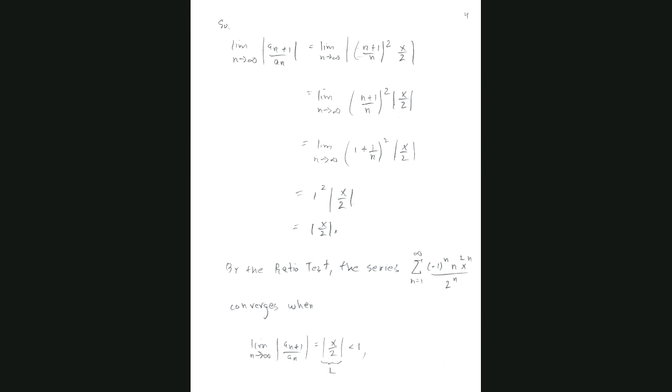The absolute value of this product is the product of the absolute values. I could have absolute values around the n plus 1 over n squared, but it is already positive, so I don't really need those absolute values there.